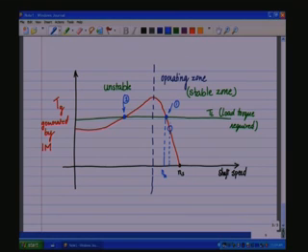So the motor is not able to supply the load torque here because of so much discrepancy in torque.